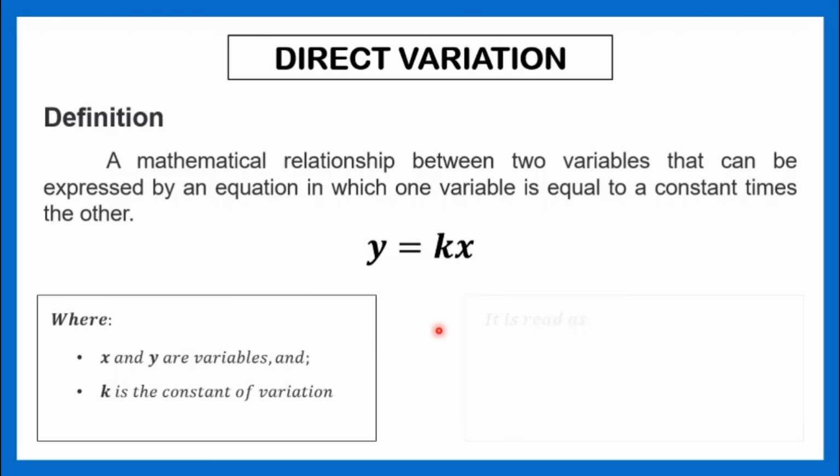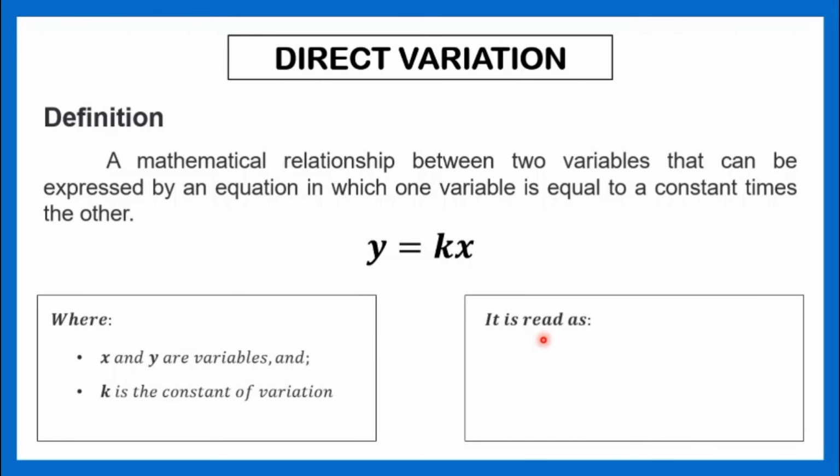Ayan. So, it is also read as like this. So, pag na-encounter nyo ito, ibig sabihin, ganito yung magiging formula. Y varies directly as x. So, hindi binabasa yung constant of variation. So, diretso siya na y varies directly as x. Pwede rin siyang ganito. If you encounter this, ito lang din yung translation niyan into an equation.